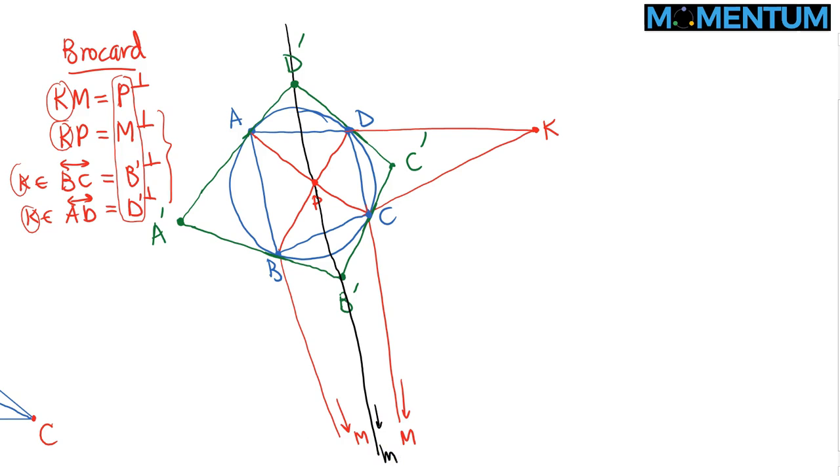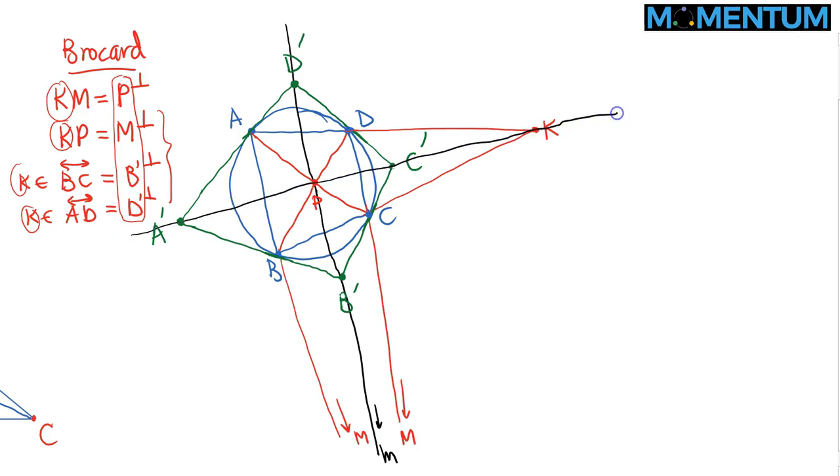That's pretty cool. So you can make a similar argument and show that the polar of A prime, P, C prime, and K, they all go through the point M. As a result, these 4 points have got to be collinear, right?